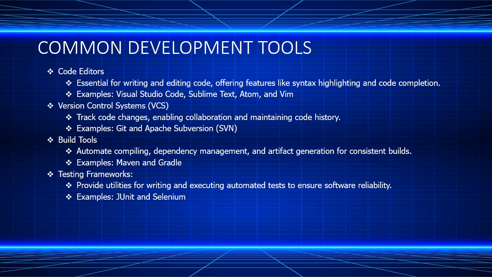JUnit, Java's testing stalwart, provides a suite of tools for crafting and executing unit tests with ease, seamlessly integrating into build workflows. Selenium, the web's faithful guardian, empowers developers to automate browser interactions and craft cross-browser tests with finesse. As we bid adieu to these stalwart companions, let us remember that they are not mere tools, but faithful allies in the noble quest of software craftsmanship.